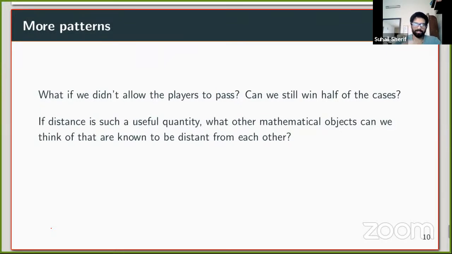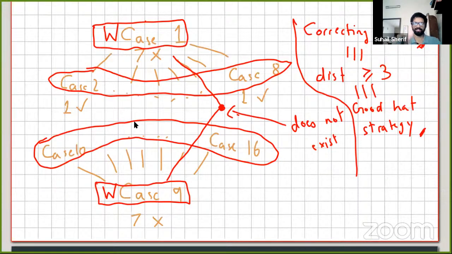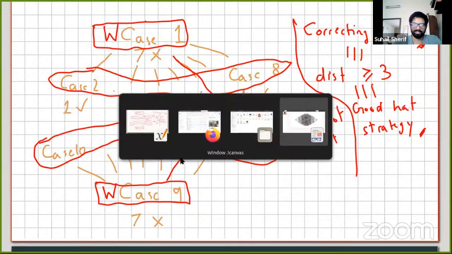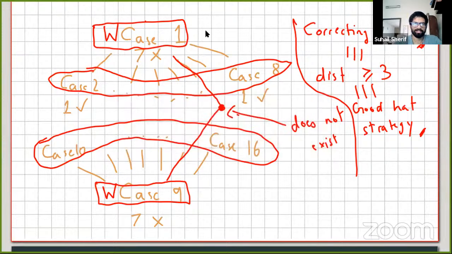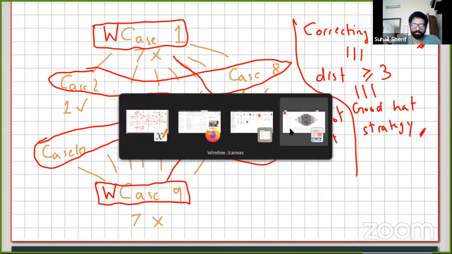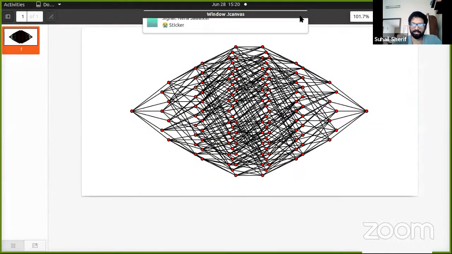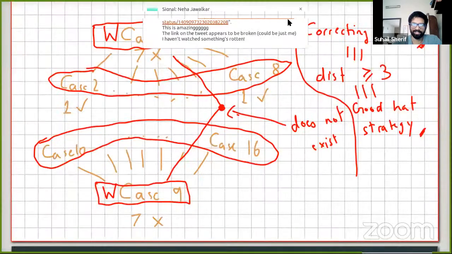If someone wants to see scary looking diagrams, I tried to draw a diagram of basically this. It looks scary enough when there are only 2 wrong cases. I tried to draw it with all cases being shown. It's a little scary, but I think I can share it. Yeah, so this is what the whole thing looks like.